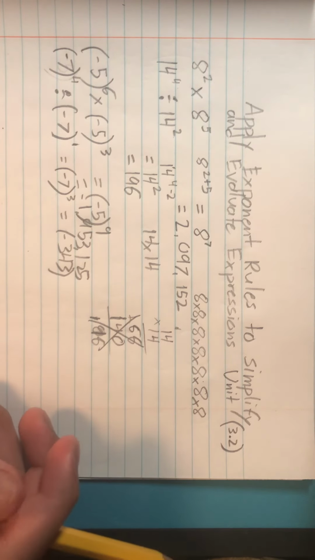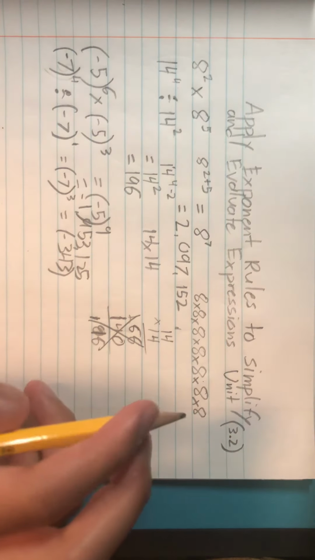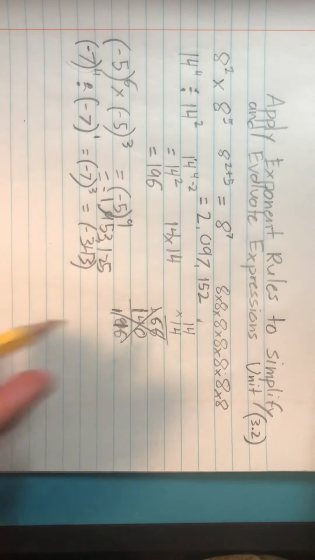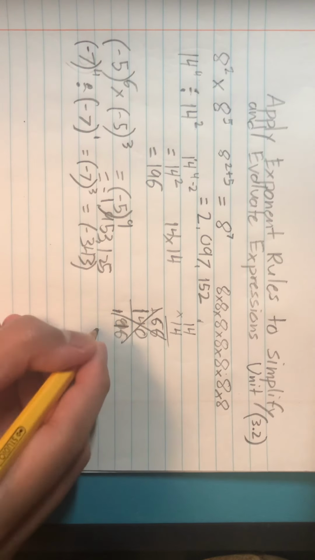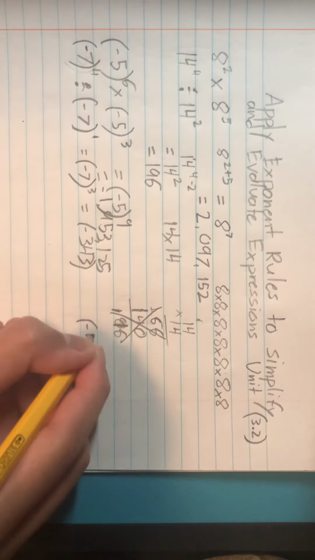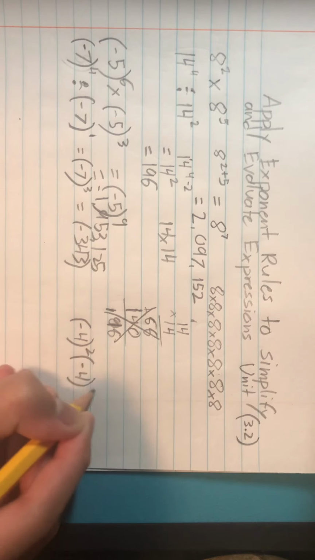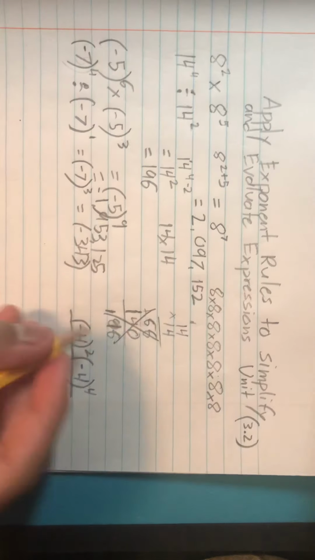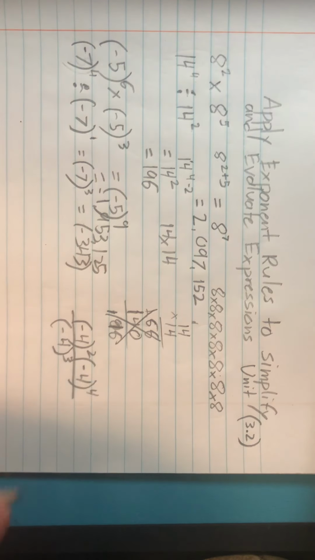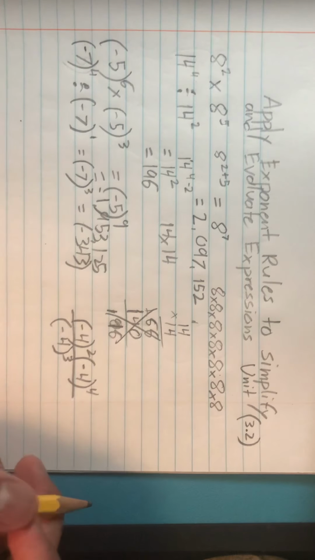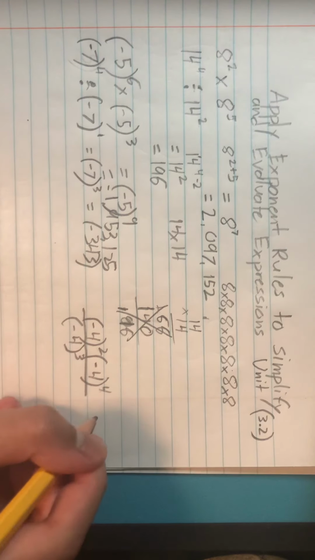Let's do some other equations, like here. I'll just put my paper more up. Let's do this one. Negative 4 to the 2 times negative 4 to the 4 divided by negative 4 to the 3. So this is pretty easy. Let's do the top one first. So obviously we would add these up. 2 plus 4. The exponent would be 6.